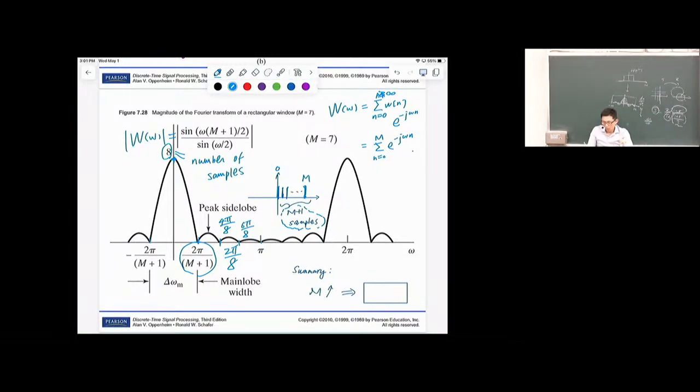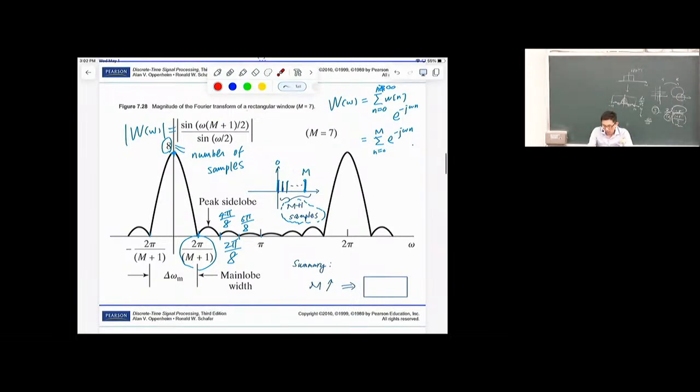So for the sake of further discussion, we are going to call the middle part the main lobe, where all the other things on the side are called side lobes. One side lobe, two side lobes, the main lobe. Okay, so these are the terminologies we need to agree upon.